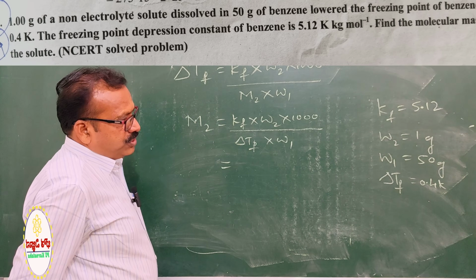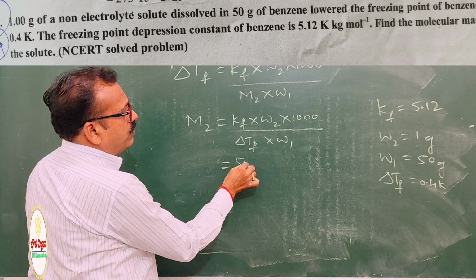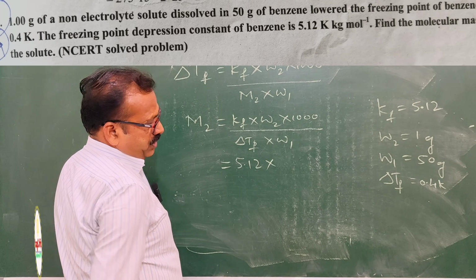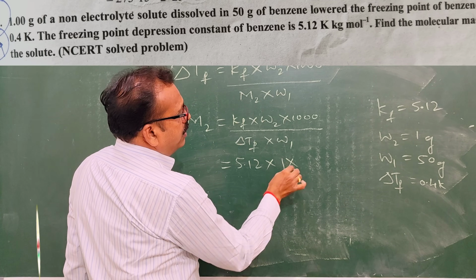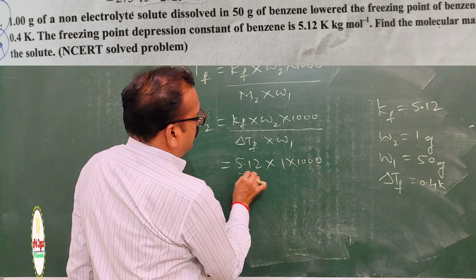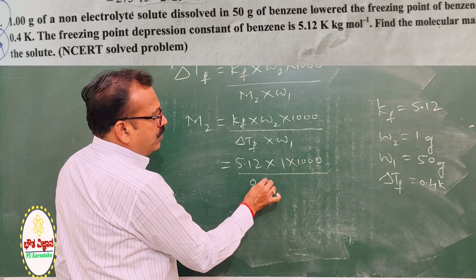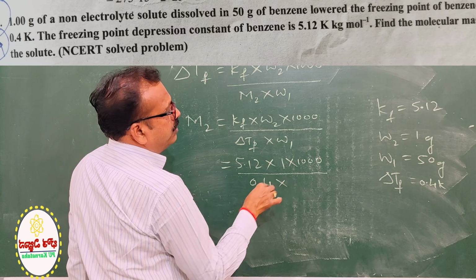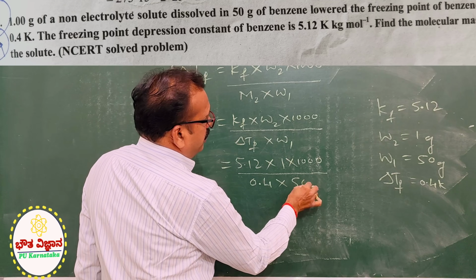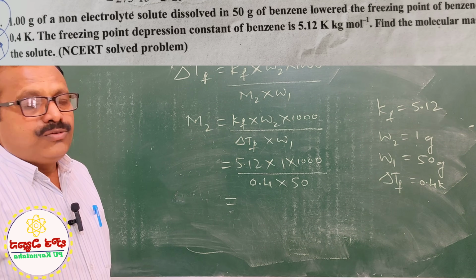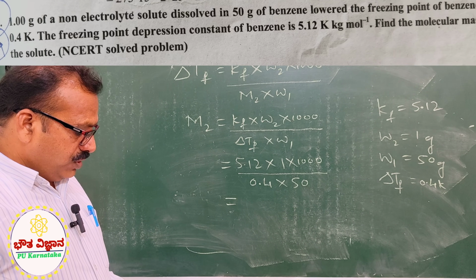Now you have to substitute the values. Kf equal to 5.12 into W2 is 1 gram into 1000 divided by delta Tf 0.4 into W1 is 50. So you have to simplify 5.12 into 1 into 1000.